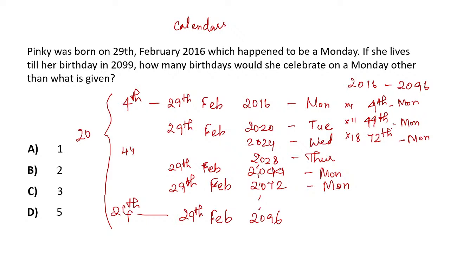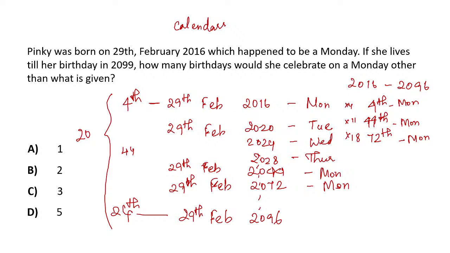Again, after that, 19, 20, 21, 22, 23, 24. So it goes beyond that. So after this, the Monday comes only by 2100.